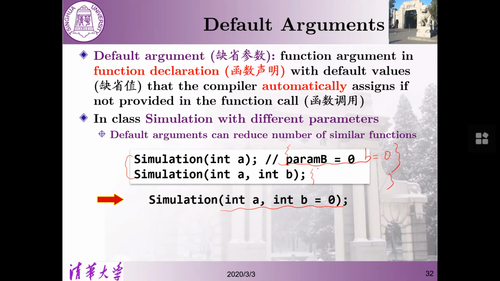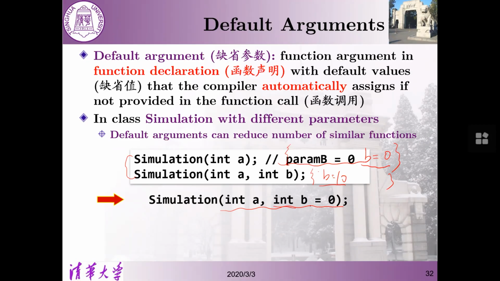The only difference is that in this one we can give b a value, maybe a different value, for example 10. But in this version, the value is 0, right? Then we can have a default value and combine these two.